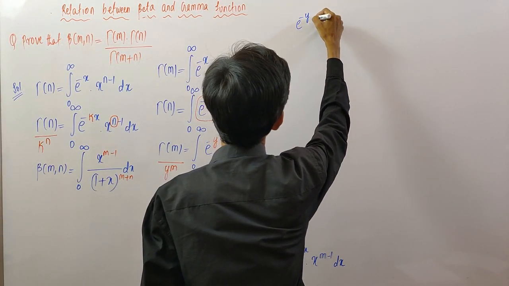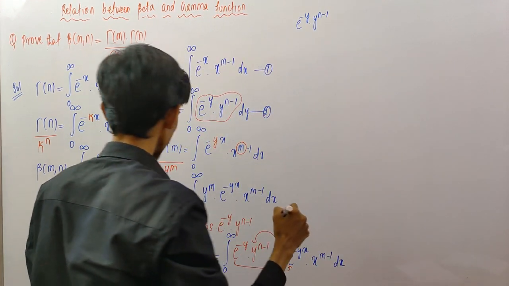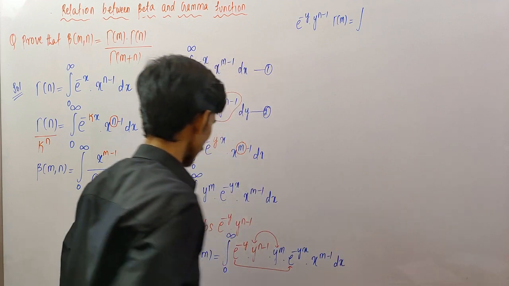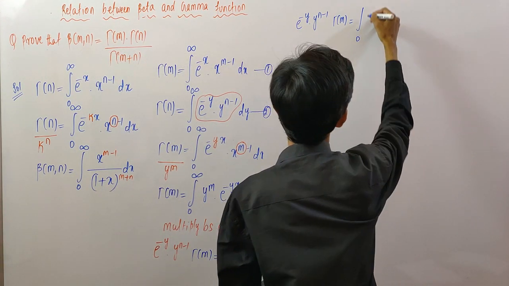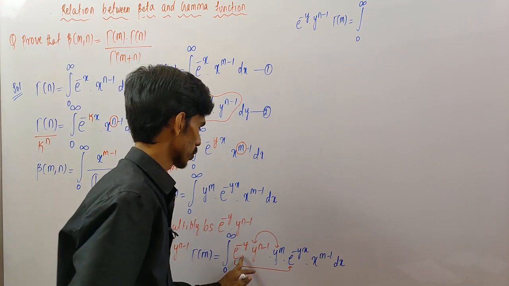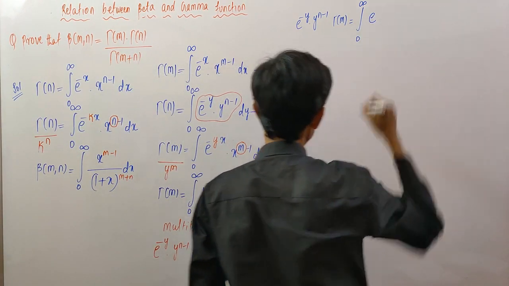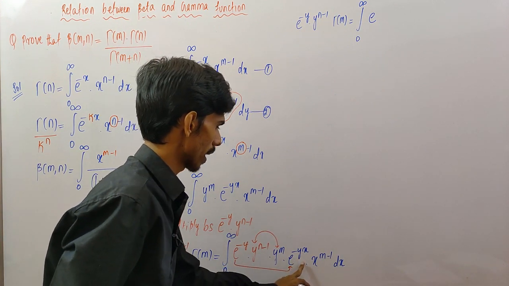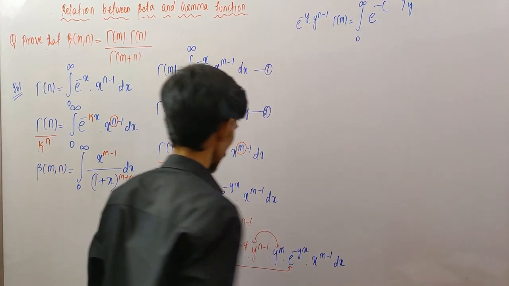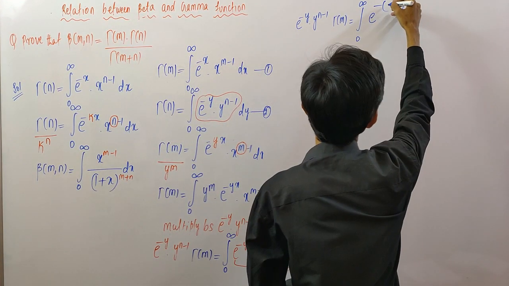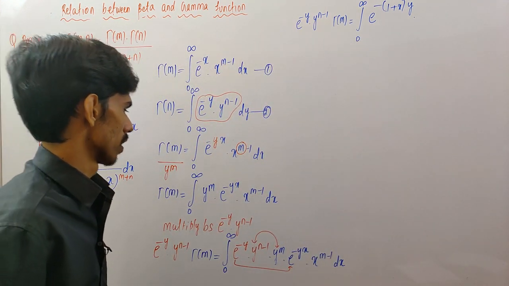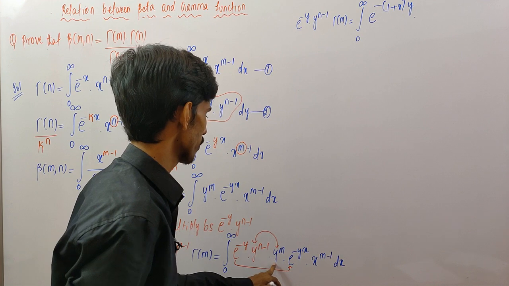e power of minus y into y power of n minus 1, gamma of m is equal to integration 0 to infinity. Bases are same, then power should be added. So take one base minus y, here I have minus y, take minus y common, then we have 1 plus x into y power of n minus 1, y power of m.